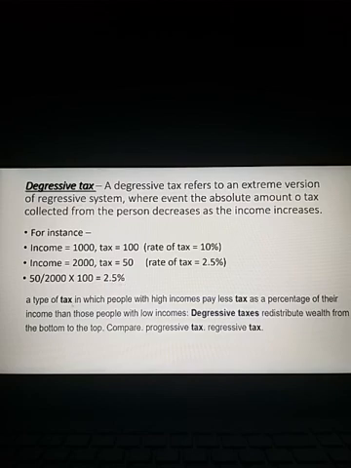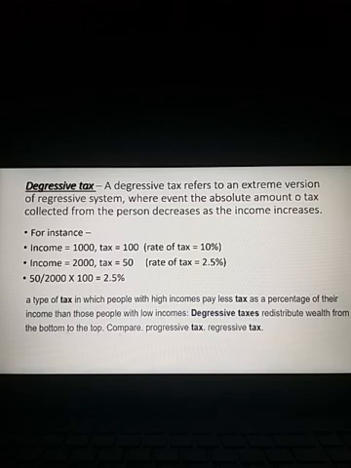It is a type of tax in which people with high incomes pay less tax. Observe here, on 2000, 50 rupees is paid. People with high income pay less tax than people with low incomes. Degressive taxes redistribute wealth from bottom to the top. I repeat, degressive tax redistributes wealth from bottom to the top.